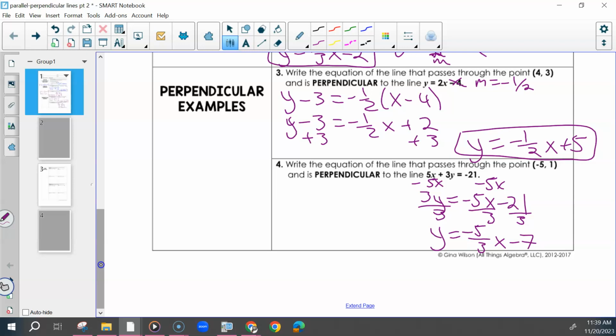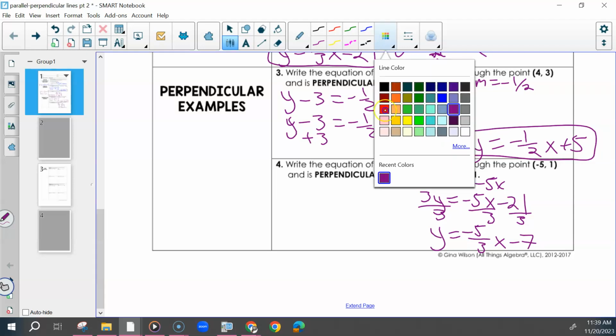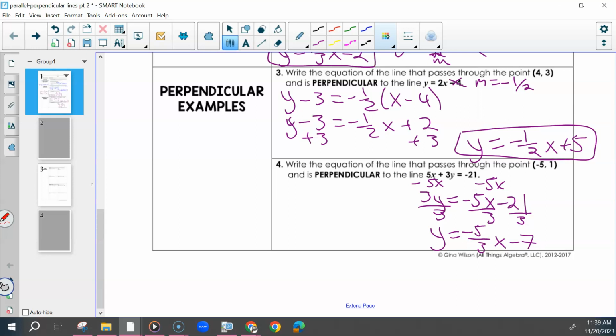Now, we have to find the slope that would be perpendicular to the one we just found, which would be positive 3/5. And I'm going to cross out this y-intercept. Then we're going to use that slope and our point slope formula. So y minus 1 equals 3/5 times x plus 5.